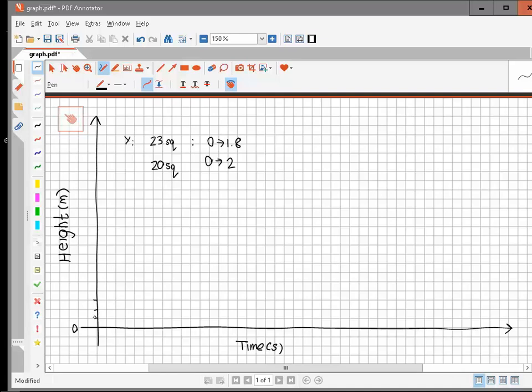So instead we'll choose an appropriate major mark. Labeling it every 0.5 meters would be reasonable.